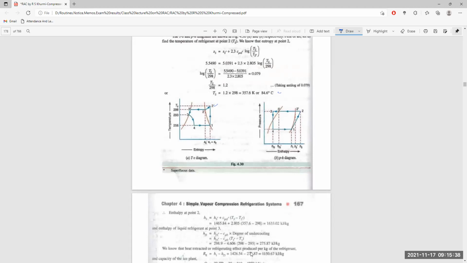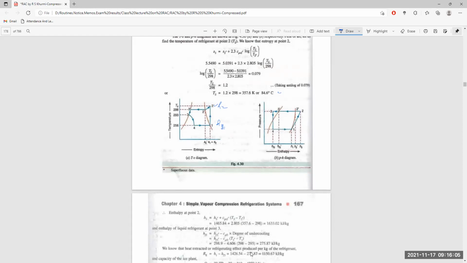We have to find out the enthalpy at point 2, or H2, here. We know H1, but we don't know H2 itself. H2 will be H2 dash, which we know, plus Cp, the specific heat of the ammonia vapor, Cp2 dash, multiplied by the fall in temperature from T2 to T2 dash.